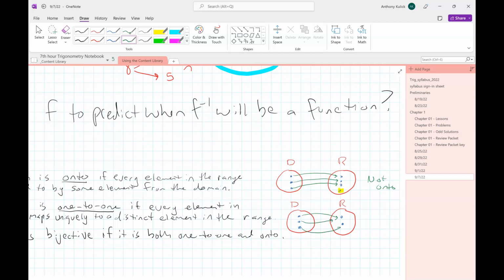There it is. So this example is not one-to-one because we have one range that's mapped to by more than one domain. The elements aren't mapped to distinct ranges.